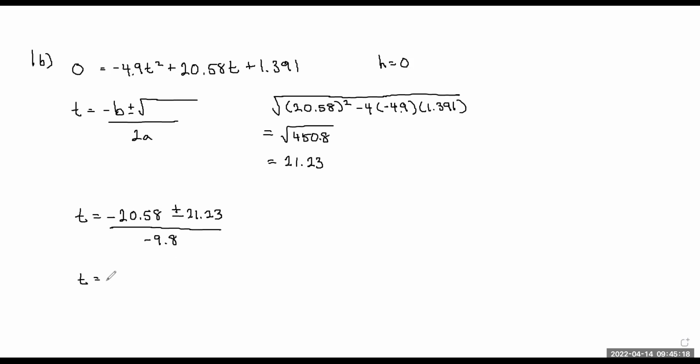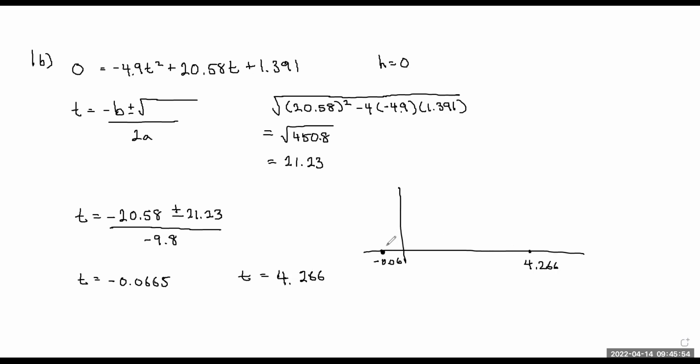My first value for time would be, let's see, divided by negative 9.8, negative 0.0665. The other time would be negative 20.58 minus 21.23 divided by negative 9.8. That is going to be a positive 4.266. If I were to draw this, my x-intercepts are negative 0.0665 and 4.266. So my soccer ball gets kicked pretty high.